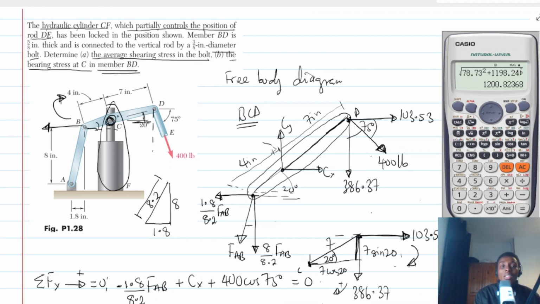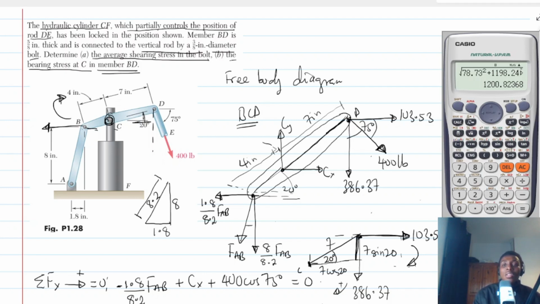The question is saying that this member BD is connected by CF with a bolt. This bolt has a diameter of 3 by 8 inch. So we have to find the average shearing stress in this bolt. All right. So let's do that.